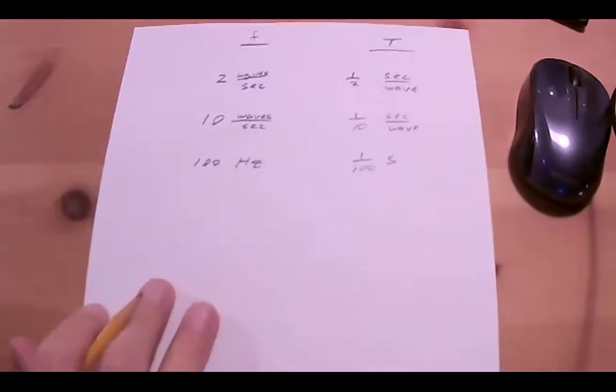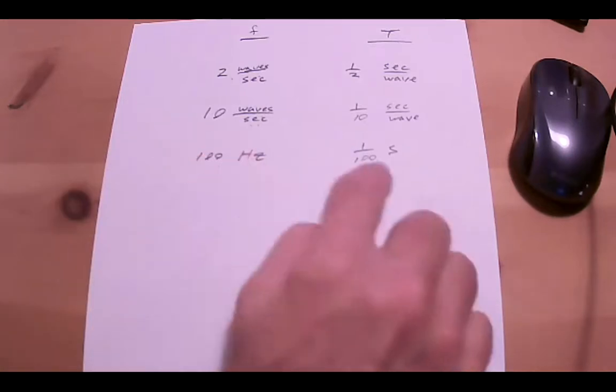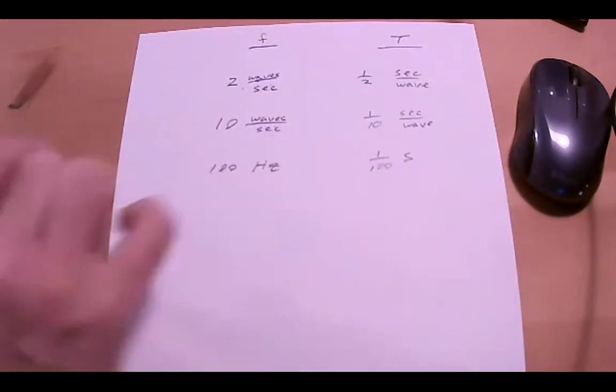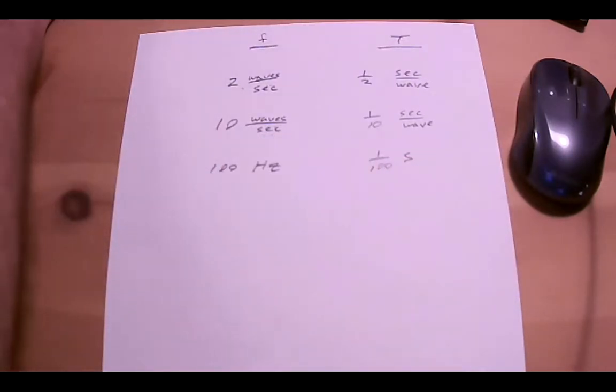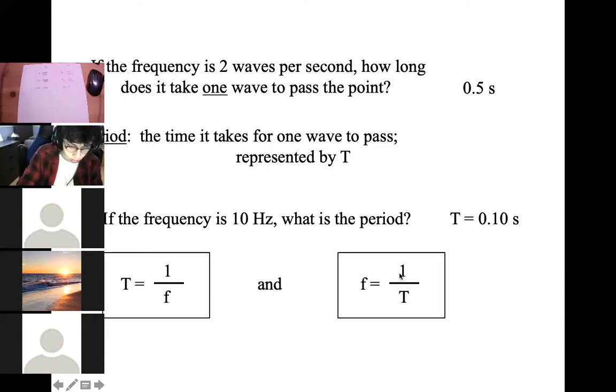So the relationship between frequency and period is a reciprocal relationship. The period is the reciprocal of the frequency. And by the way, if you trade places, you get that the frequency is the reciprocal of the period.